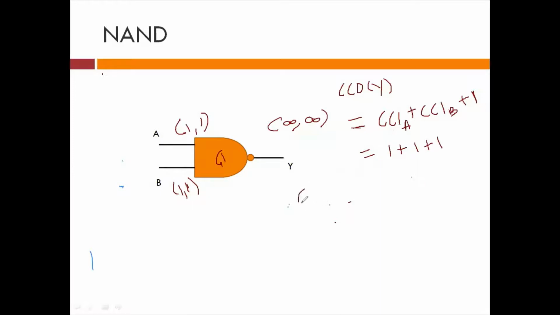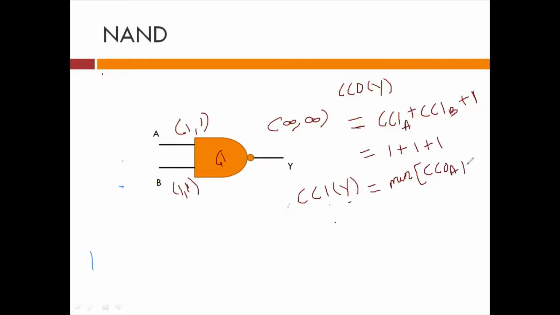Similarly, you calculate your CC1 at the output Y of this AND gate or NAND gate. That will require any one input. If it is 0, then your output is going to be 1. So I will take the case where I go for the minimum between the inputs, that is, either of my inputs is going to be 0.